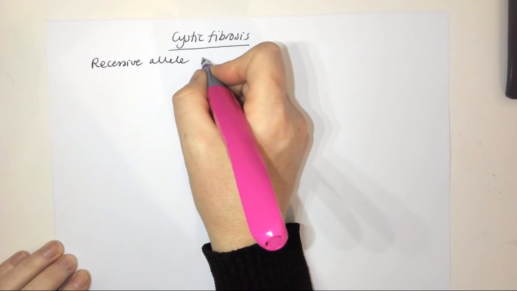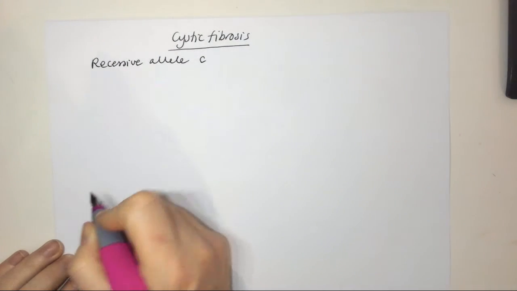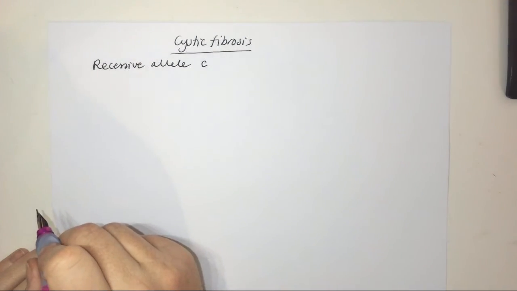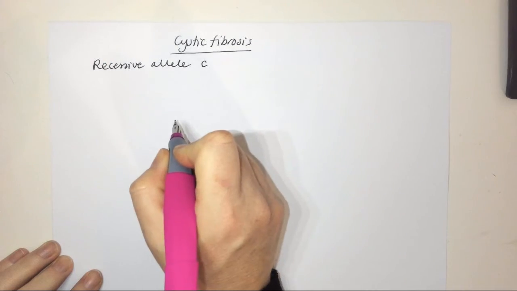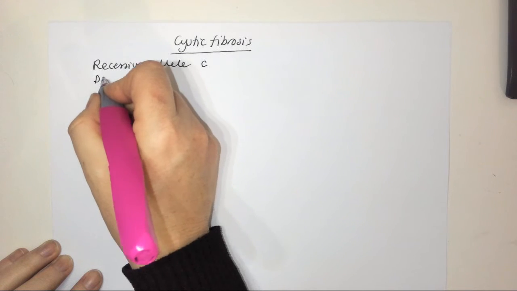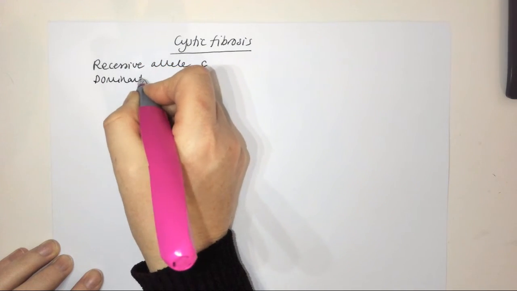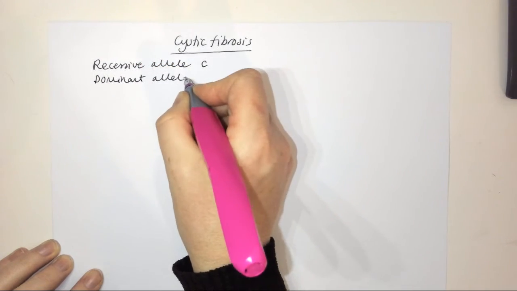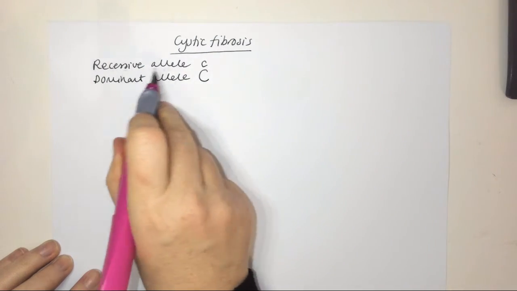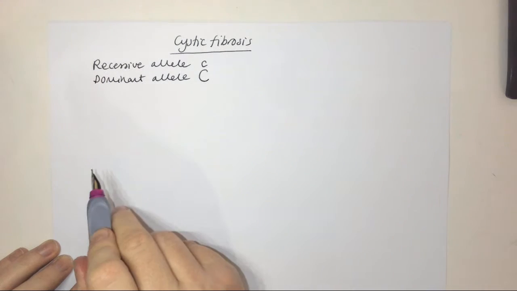And we represent that usually with a small letter c. Now this becomes a bit of an issue because when you draw a c, if you're in a rush, it might not look like a tiny one. So you have to say that your dominant allele is a really exaggerated big C, and your recessive allele is a really small c.